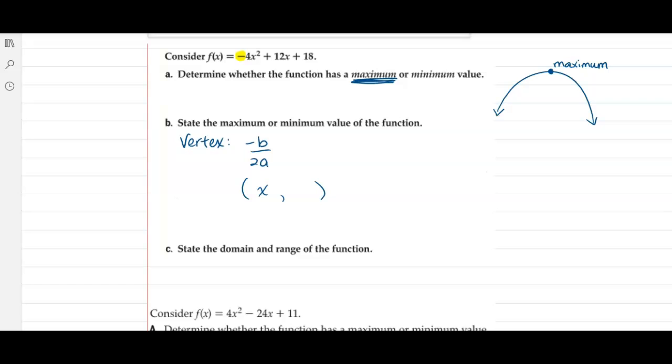And then we have to plug that back into our function to get the y value. So let's try it. This is A, this is B, this is C. The opposite of B over 2 times A.